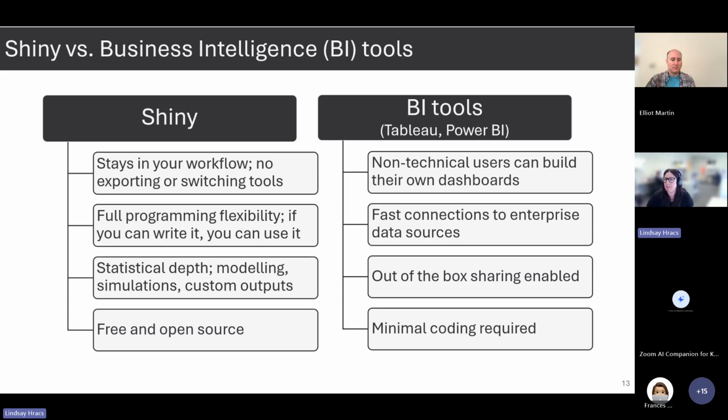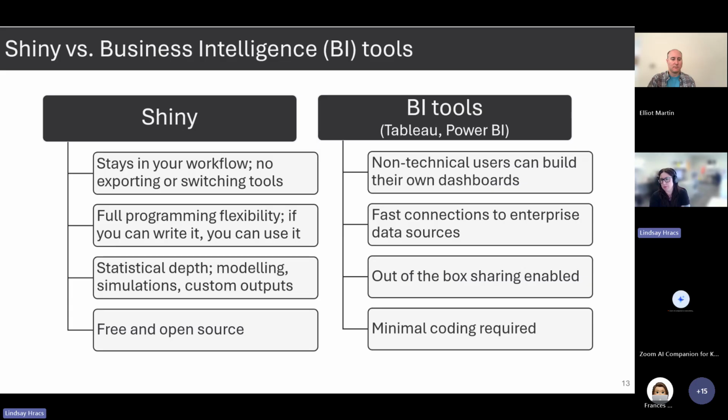You might need some programming flexibility, so you're not limited with drag and drop and those sorts of things. You might also want some statistical depth. So things like we can get modeling outputs, we can do complex simulations, we can do custom plots, and these are things that BI tools typically can't do or can't do to the extent that R or Python can do. And then also there might be a case where cost matters.